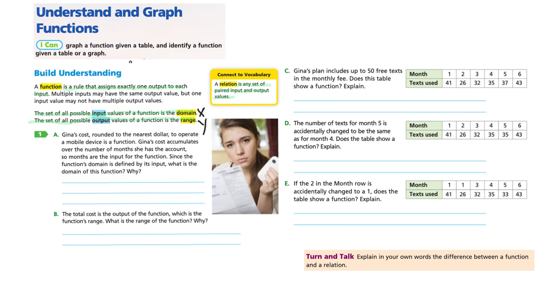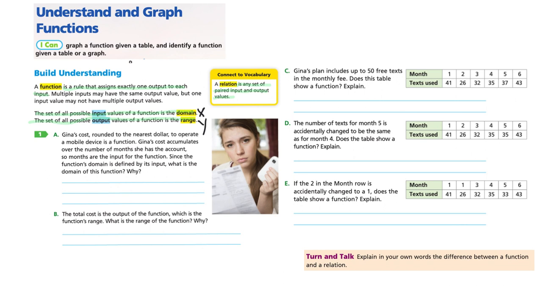Gina's cost rounded to the nearest dollar to operate a mobile device is a function. So that's important to know. So they're telling you that it's going to have exactly one output for each input. You won't have, for example, in month two different numbers of texts used or two different outputs for that particular month.